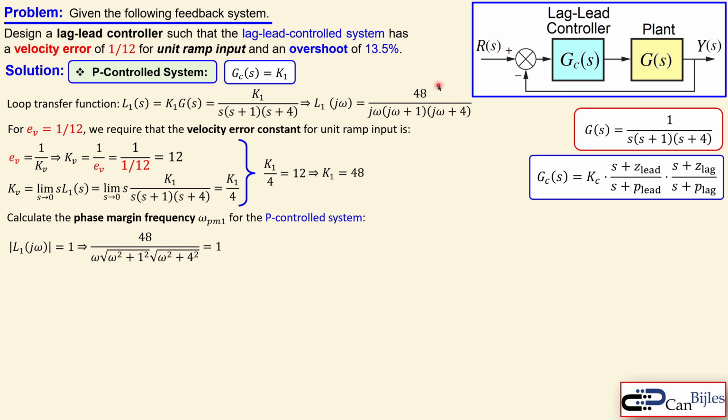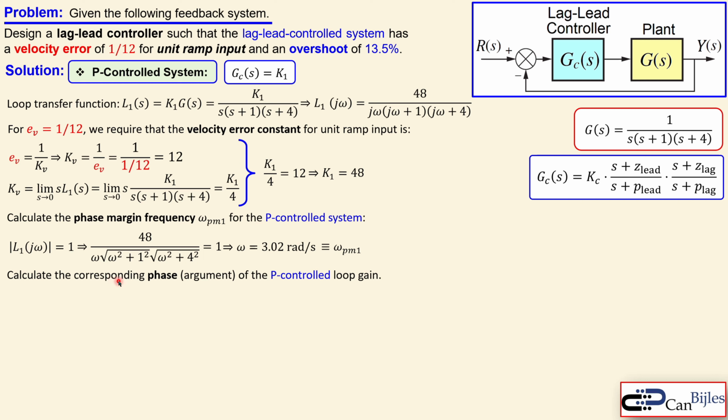So that's just magnitude equal to 1, and you get 3.0102 radians per second. And that is now defined as omega P1, which is the phase margin frequency for this P control system. Let's now calculate the corresponding phase or argument for this P control system loop gain. Now we look at the argument of L1 at that frequency of 3.02.